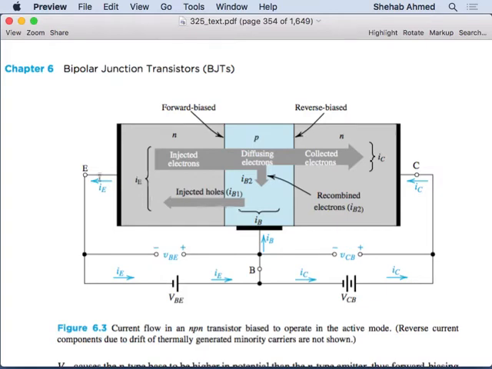This diode is between this base terminal and the emitter terminal. Since I have a diode, I have the same format for the equation. It will be a saturation current multiplied by e to the exponential of the voltage that produced it divided by Vt, right?